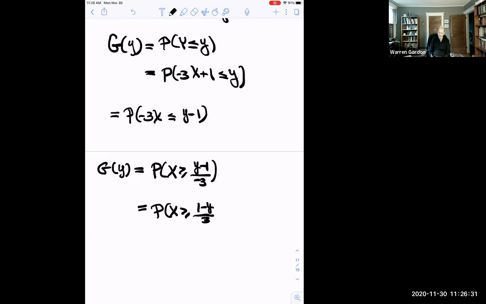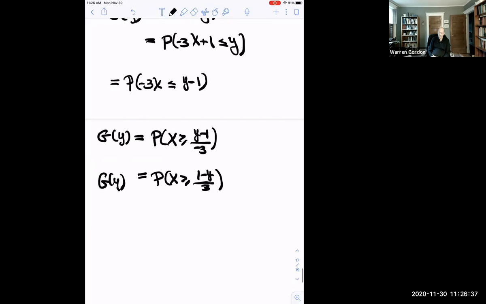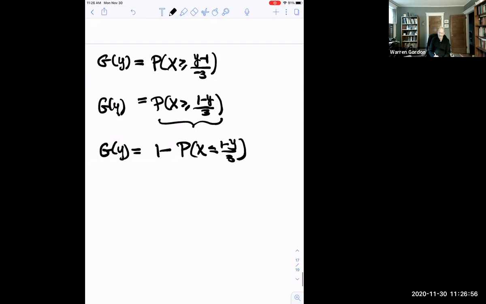I factored a minus sign out of the numerator and denominator. Now let me take the complement of this, because I want to get back to CDFs. So this is 1 minus the probability that X is less than or equal to (1 minus y)/3. So I have G(y) equal to 1 minus F of (1 minus y)/3.